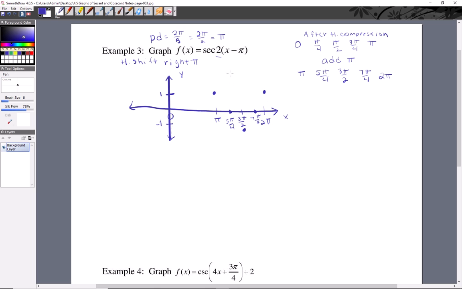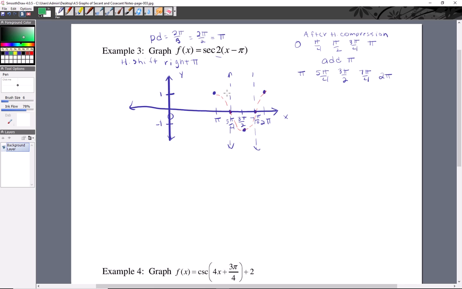And we're going to put in vertical asymptotes wherever we're on the x-axis, which one will be right here, and we'll have another one right here. And let's put in the backbone for this, so I'm just going to change colors. All right, not perfect, but good enough.